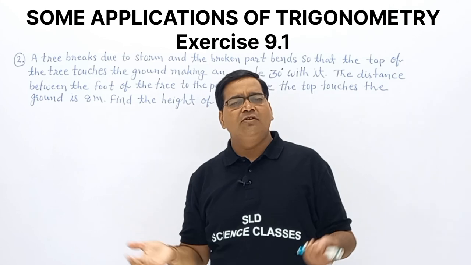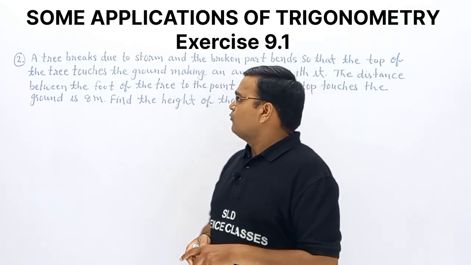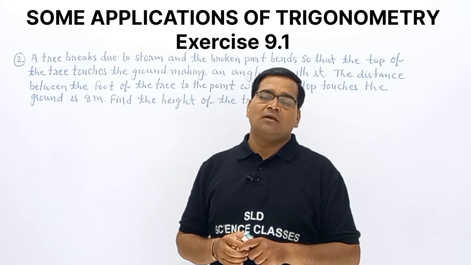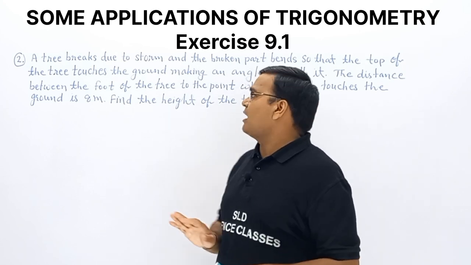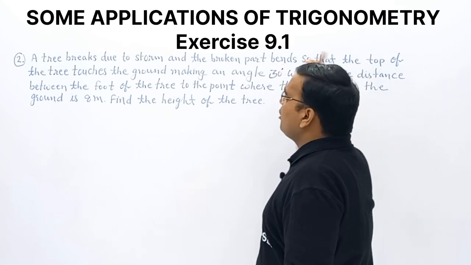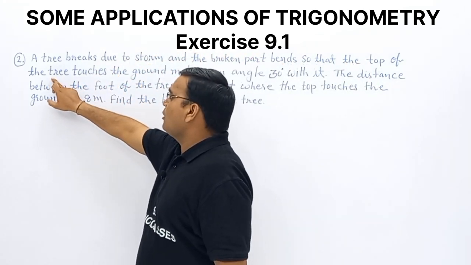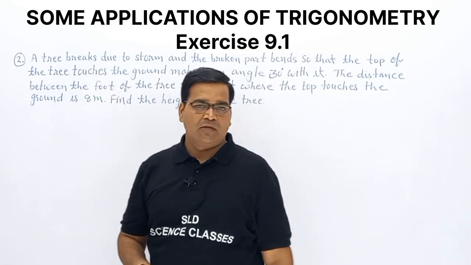We have one tree which, due to the storm, is broken. Its broken part bends so that the top of the tree touches the ground.